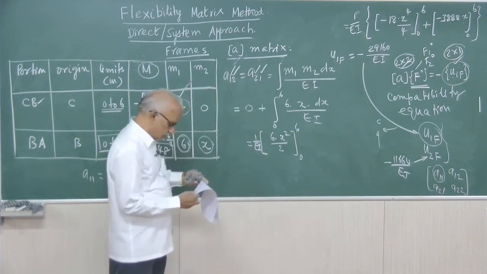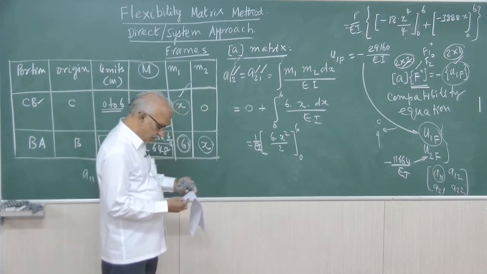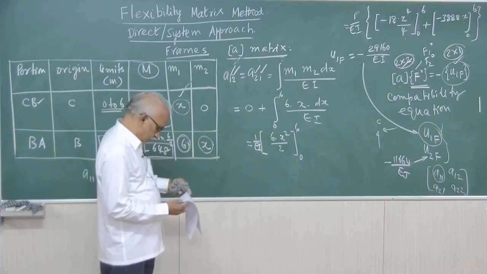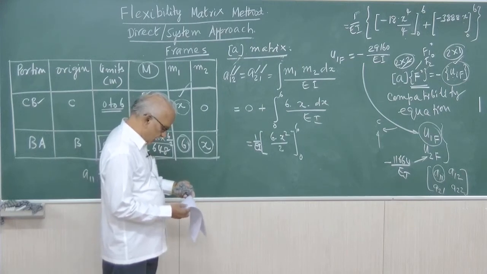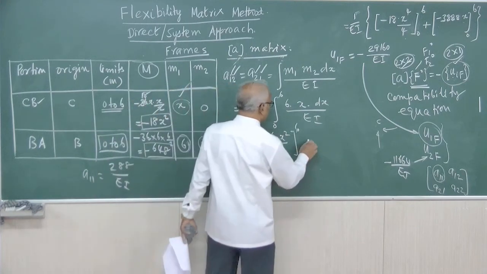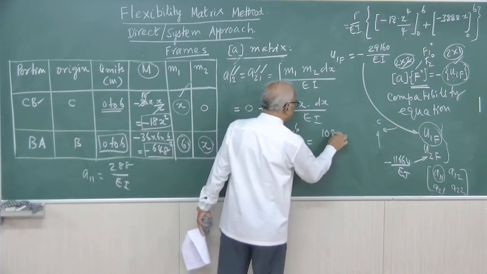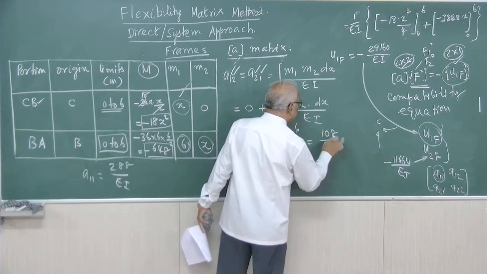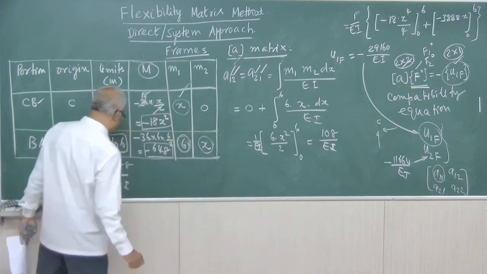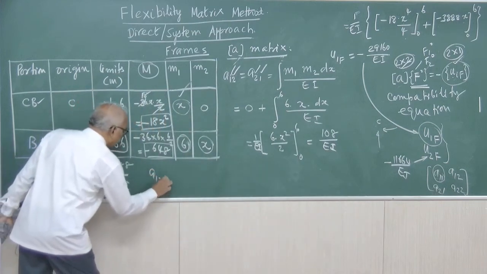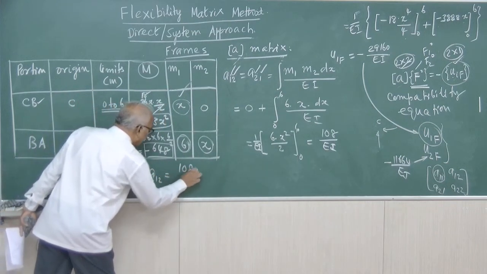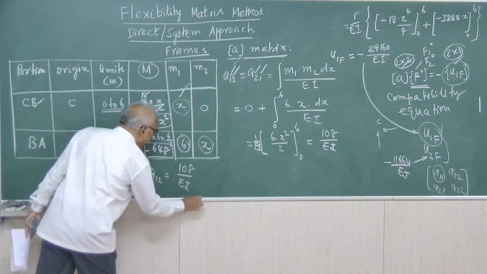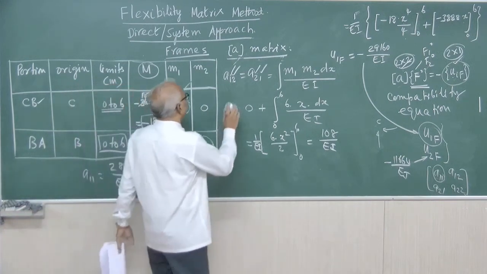Simplifying, that value is 108 by EI. Therefore, A12 is equal to 108 by EI.